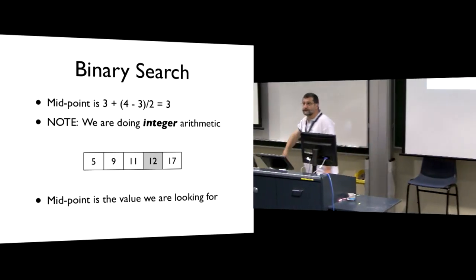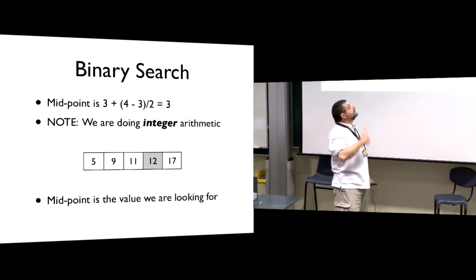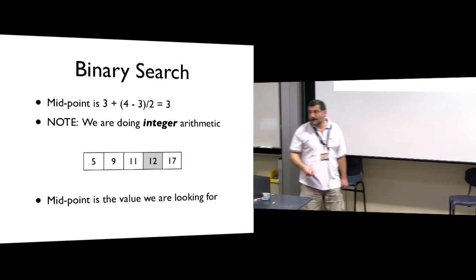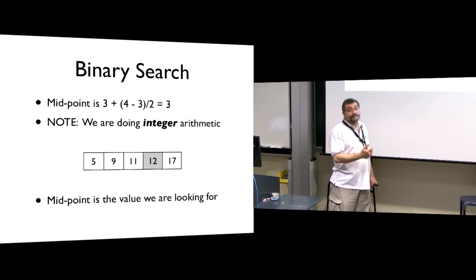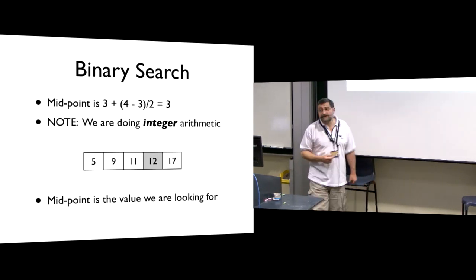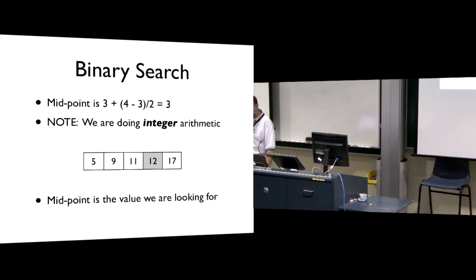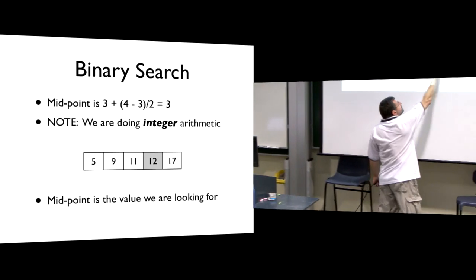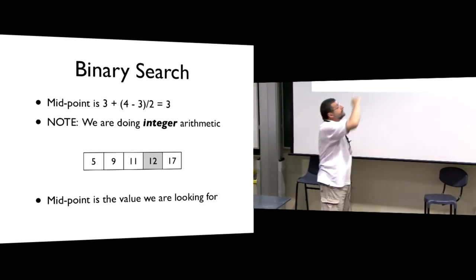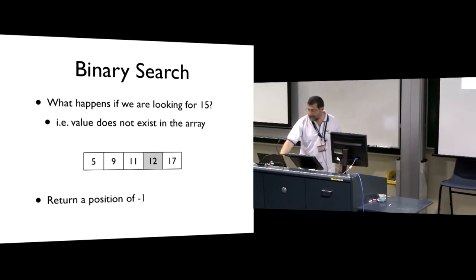And again, because it's all integer arithmetic, 4 minus 3 is 1, and 1 divided by 2 in integer arithmetic becomes 0. So then we're just left with the 3. Is that okay? All right, so the calculation of the midpoint is the offset into the beginning of the array and then the division to find the midpoint.